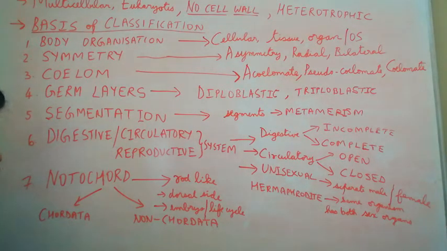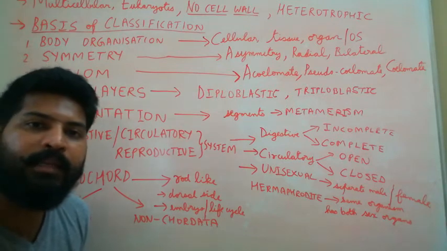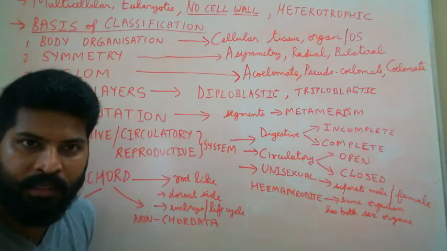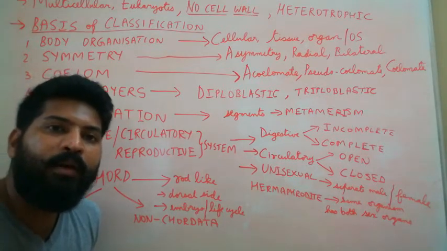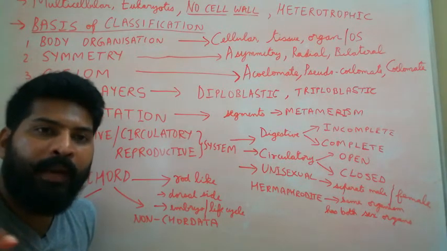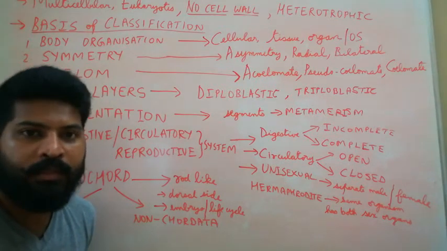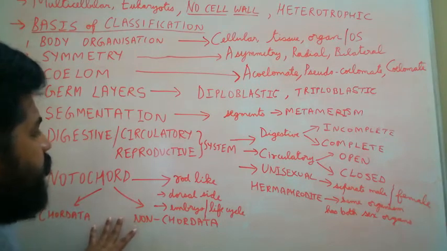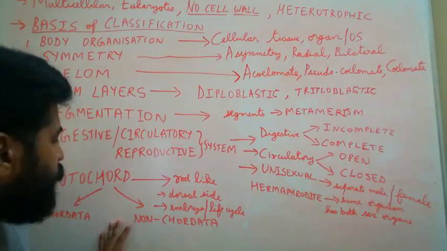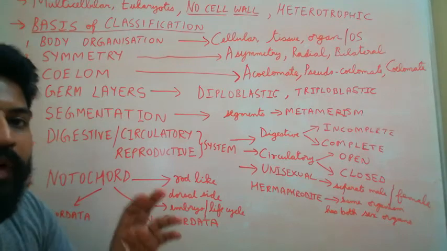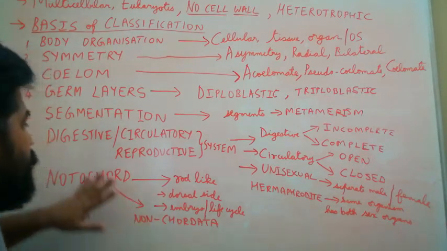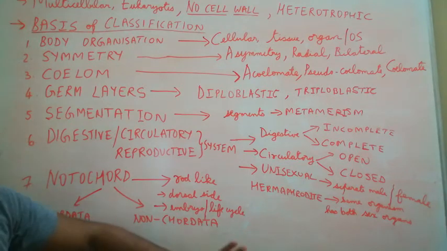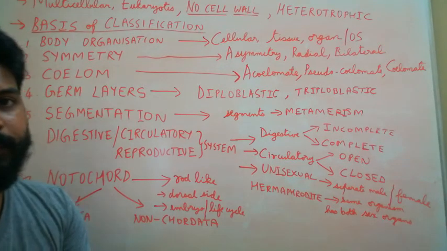Sometimes the notochord is seen for a brief period of time only during the embryonic stage, and later during development the notochord is lost. So they can be placed under hemichordata. So they exhibit notochord for a very short duration of time. So we can classify the animal kingdom into chordata and non-chordata.